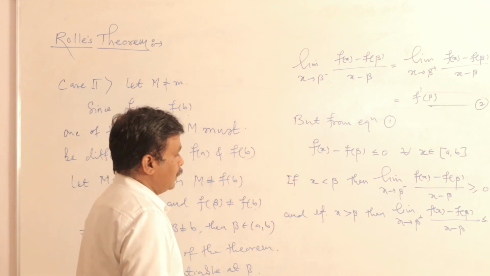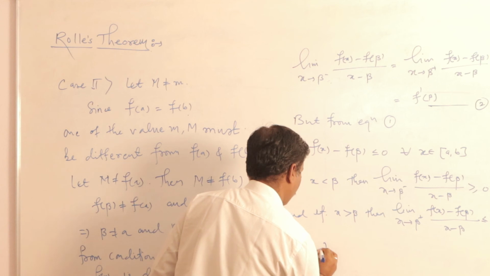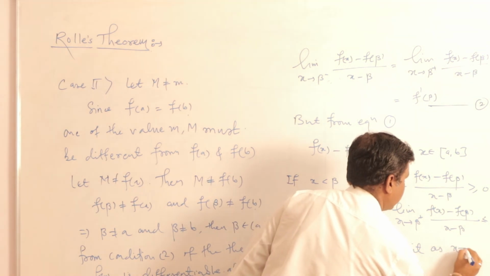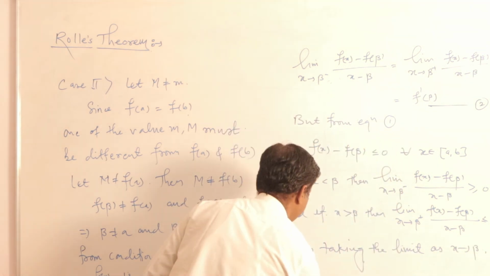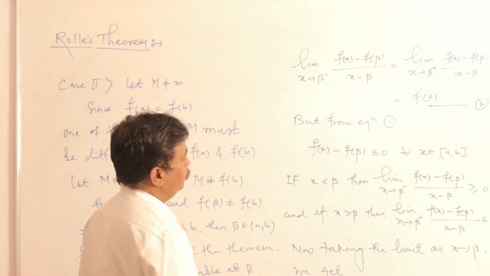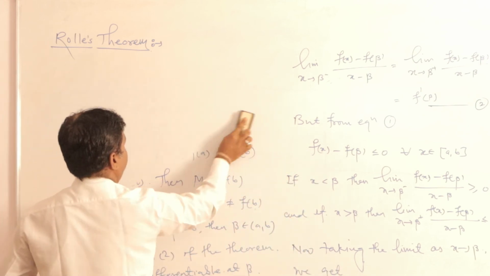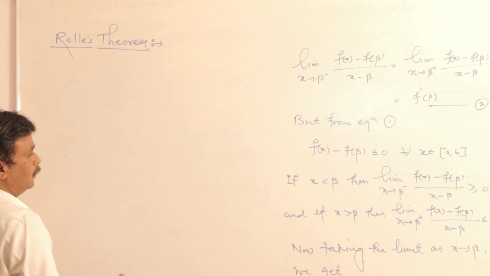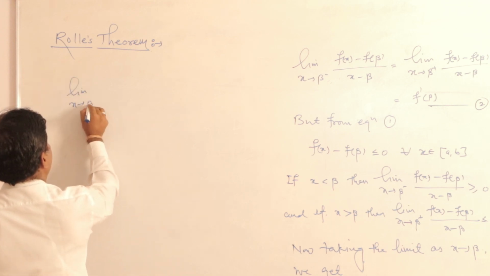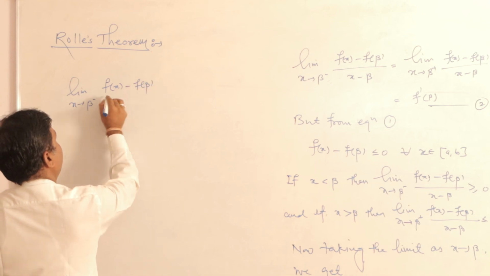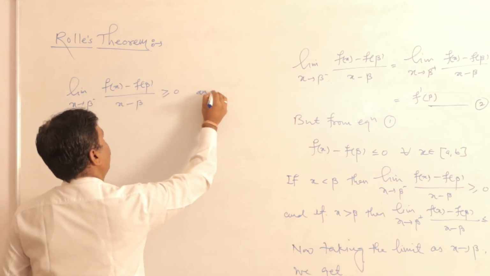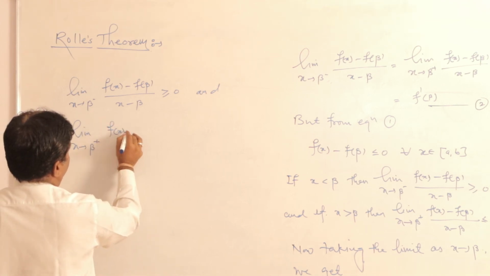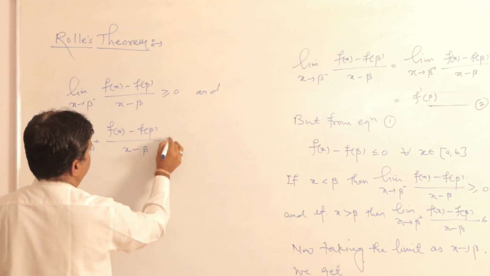Now taking the limit as x tends to beta on both sides, we get limit of x tends to beta minus of f of x minus f of beta upon x minus beta is greater than or equal to 0, and limit of x tends to beta plus of f of x minus f of beta upon x minus beta is less than or equal to 0.